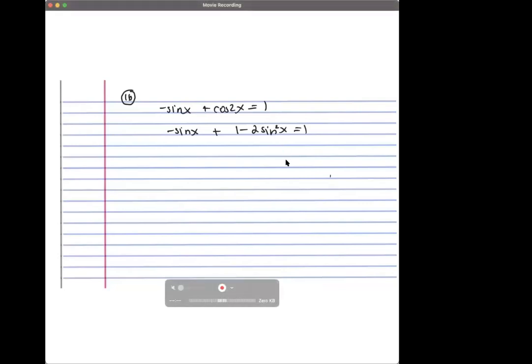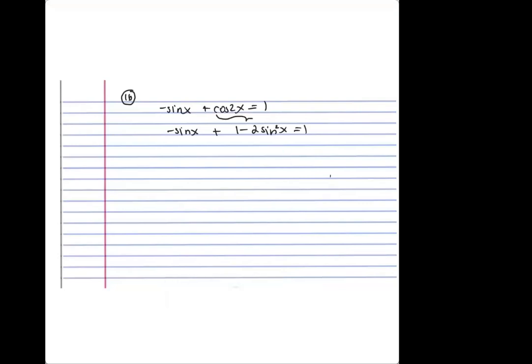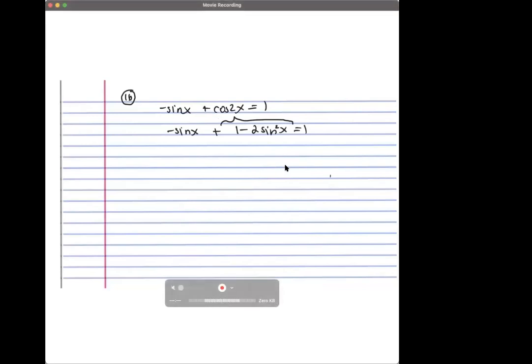So I replaced this puppy with, oops, I did that backwards. So I replaced cosine 2x with 1 minus 2 sine squared x. Now I'm happy. I'm doing a little happy dance, because I have a sine x and I have a sine x. And granted, the sine x is squared, but it's still the same trig function, same argument.